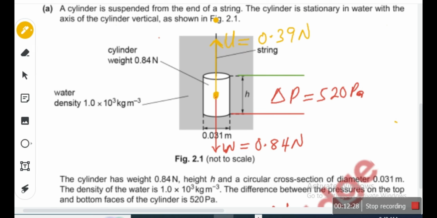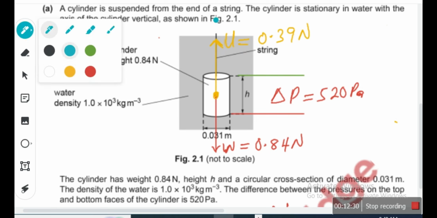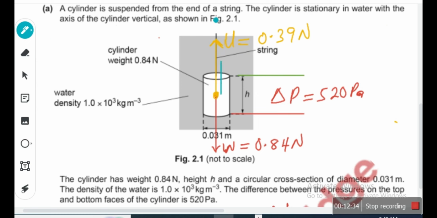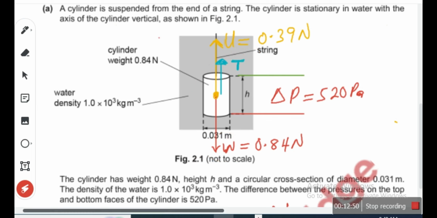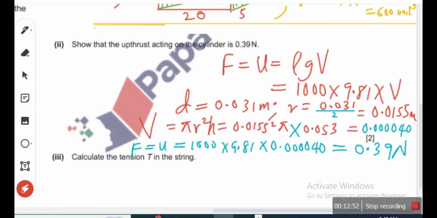Are you getting this? What's the value of that second force acting upward? Let's represent the second force, which we are looking for now. That's the tension of the string, the T that the string provides to keep it balanced. So for equilibrium, up thrust plus tension must be equal to the weight, is it not?